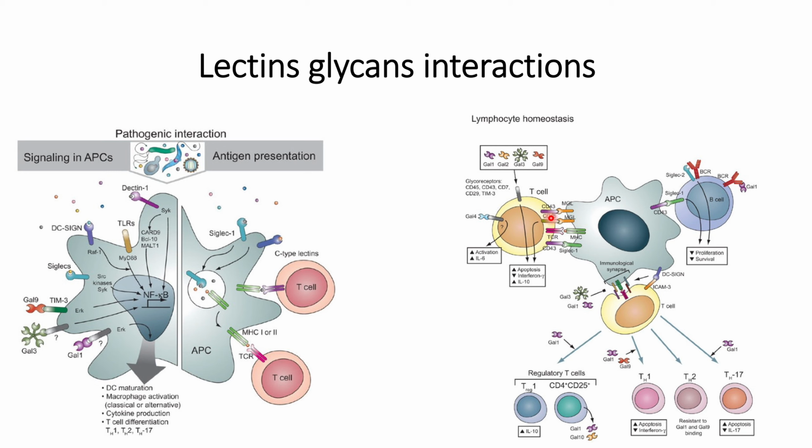So these are the balances that need to be made within the immune response, so that whenever pathogens are detected, pro-inflammatory responses are triggered, shown on the left hand side, and when the amount of pathogens is reduced or eliminated, anti-inflammatory responses are triggered, shown on the right hand side. This is how lectins play a role in the immune response.